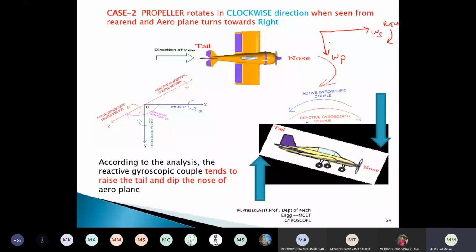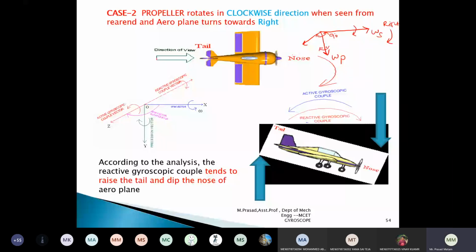Always the active couple comes in the z-axis. So now I am rotating this spin vector by an angle of 90 degrees towards the z direction. This gives my z-axis. This angle is 90 degrees. This is the spin vector. Always give clockwise motion. It is moving forward. What is the clockwise motion?